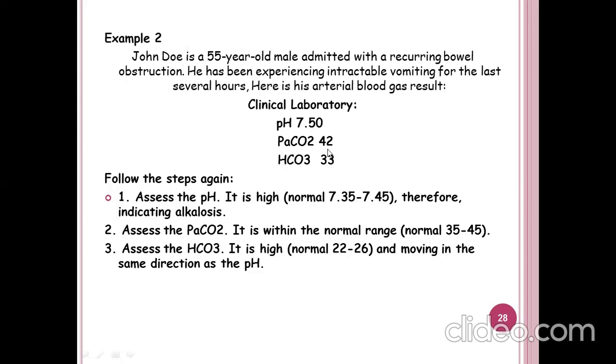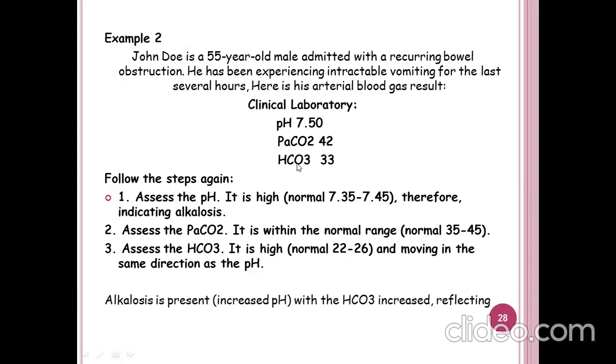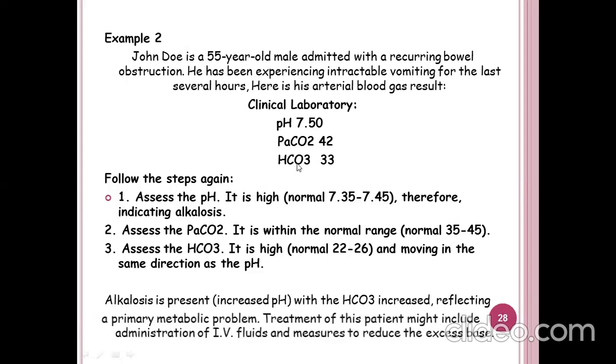Metabolic cause. If the alteration is in the partial pressure of carbon dioxide, it is respiratory. If the problem is in bicarbonate, it is metabolic. Alkalosis is present, meaning increased pH with increased bicarbonate level, reflecting a primary metabolic problem.